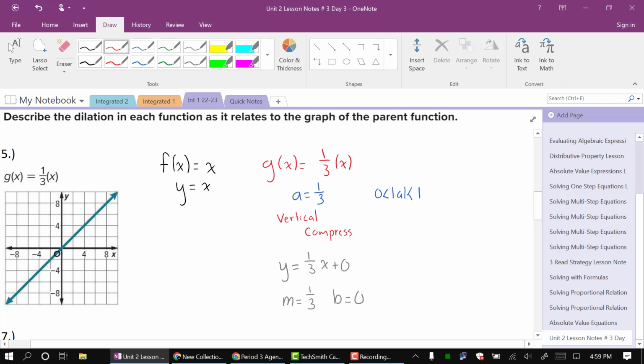Let's put a point at 0. Again, my scale is going by 2s, so I'm going to rise 1 and run 3. 1, 2, 3. Rise 1, run 3. 1, 2, 3. Connect these up, and there would be our graph.